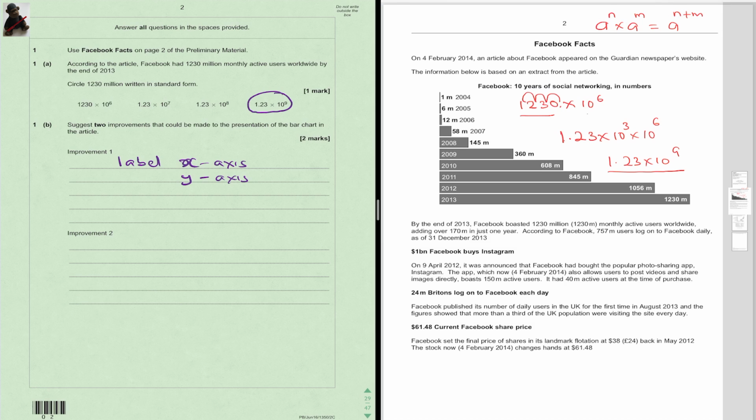The second improvement could be that we could improve the title, or we could make it clear what the numbers represent.